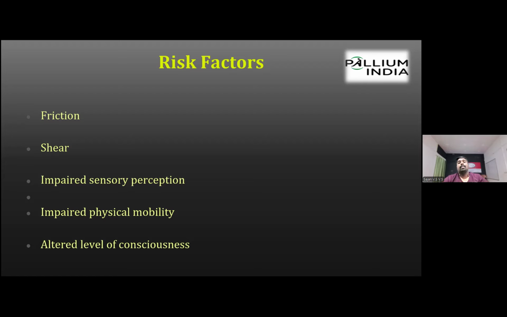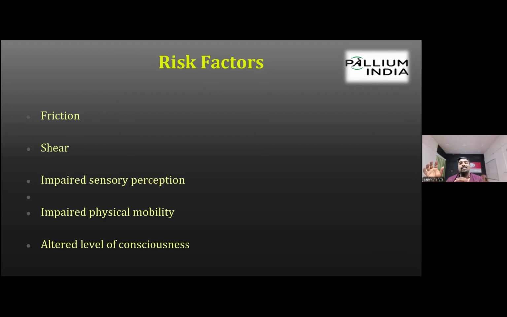Another one: if the patient has a birth defect, meaning handicapped or differently abled, or once a spinal cord injury happens and the patient becomes paraplegic, or becomes unconscious or has an altered conscious level. These category patients don't know, because of their sensory perception.